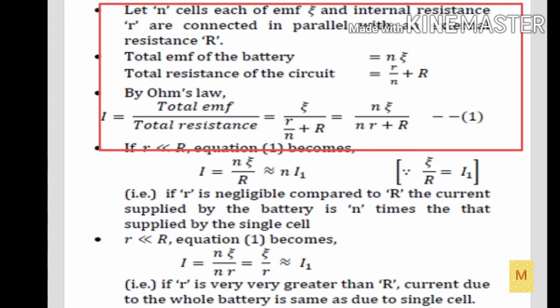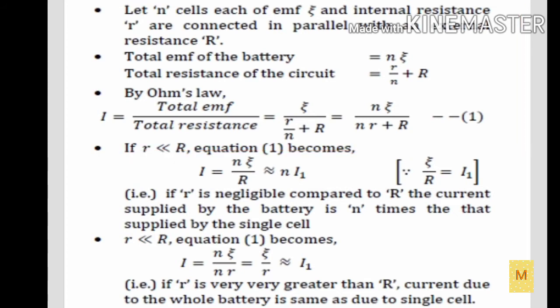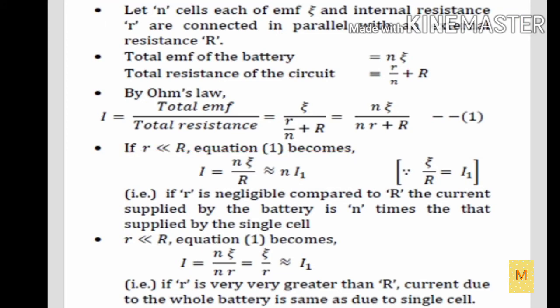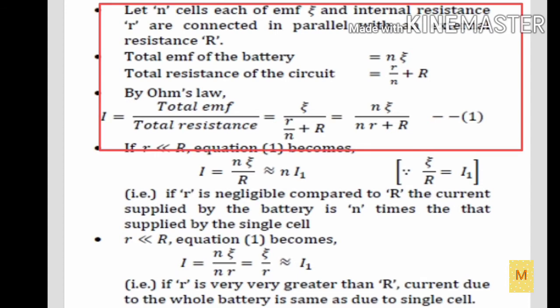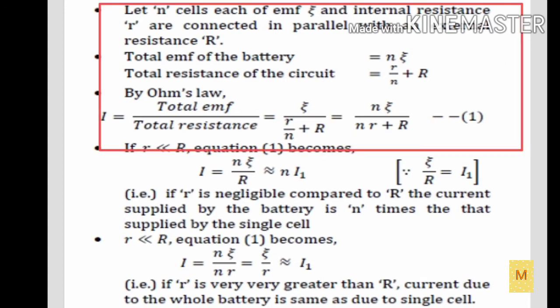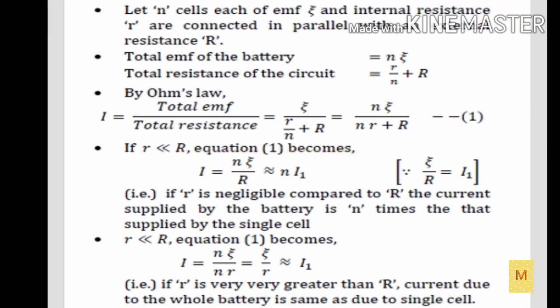According to Ohm's law, the current equation can be written as I is equal to total EMF divided by total resistance, which is equal to psi divided by small r by n plus capital R, which is equal to n into psi divided by n into small r plus capital R. This is equation number 1.